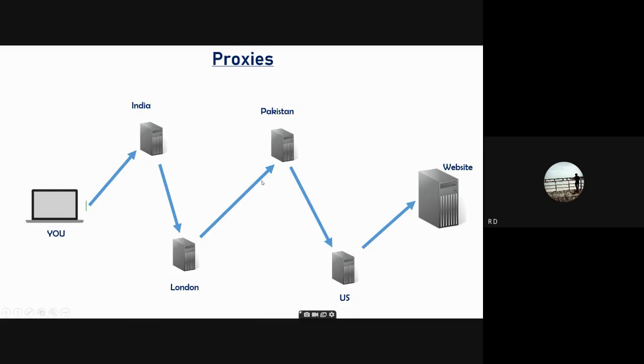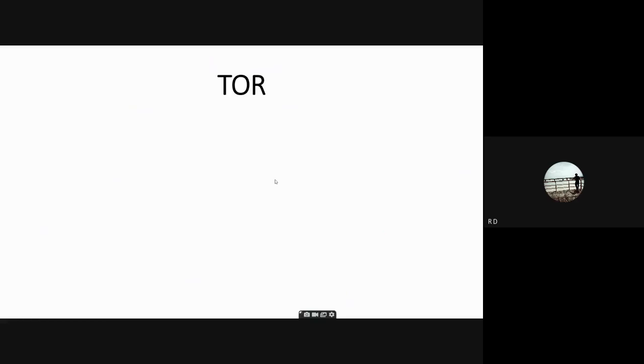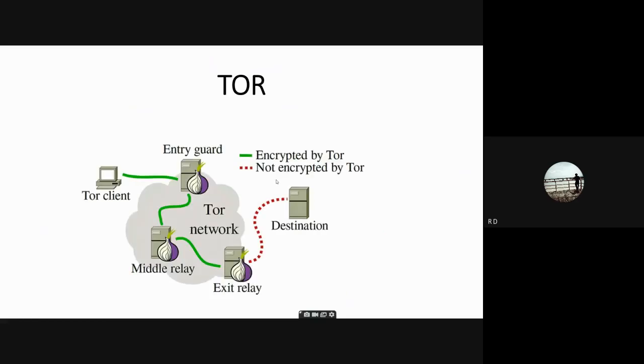So that's about proxies. And proxies is where, as I said, there is another person who's taking your data on behalf of you, in very simple terms. Then we have something called Tor, the onion router. This is basically where the dark web plays around. They use different types of protocol. They don't use the HTTP protocol or the FTP protocol.